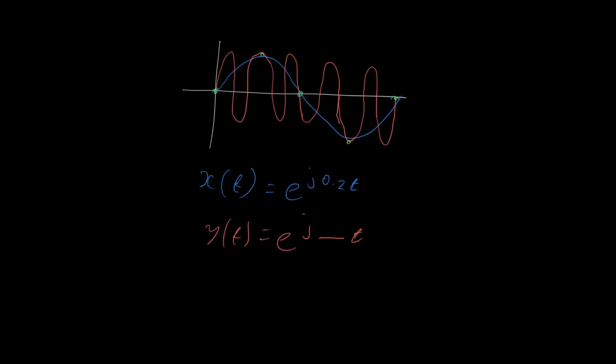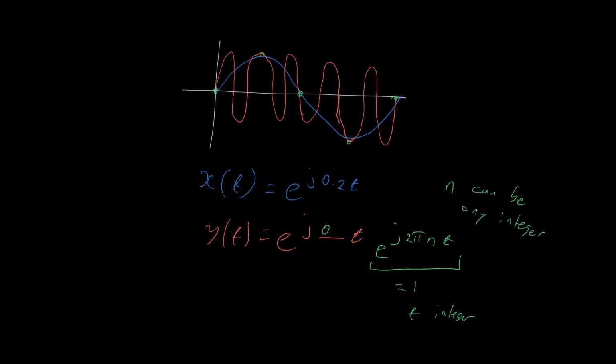The trick to answering this is realizing that e^(j2πnt), where n can be any integer, will always equal 1 whenever t is an integer.